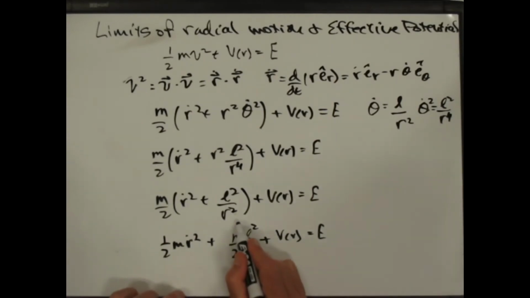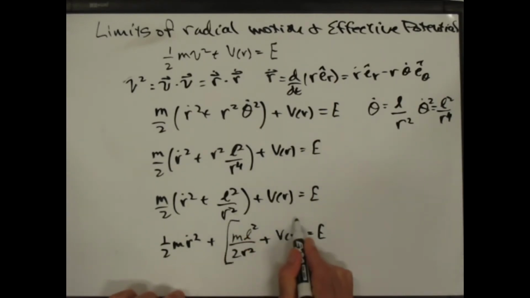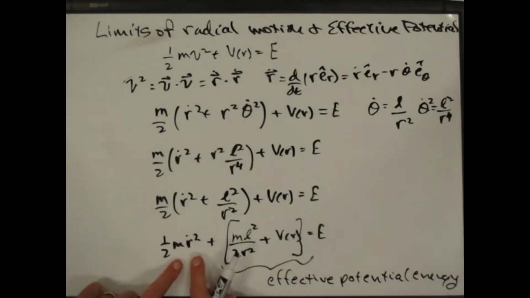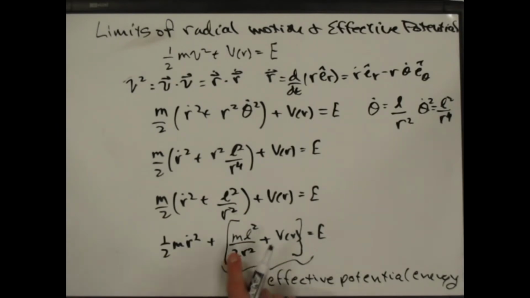And what we often do is combine this piece and this piece and call this the effective potential energy. And so the radial kinetic energy plus the effective potential energy is equal to the total energy. And so we can do some graphs of this and look at this function a little bit.